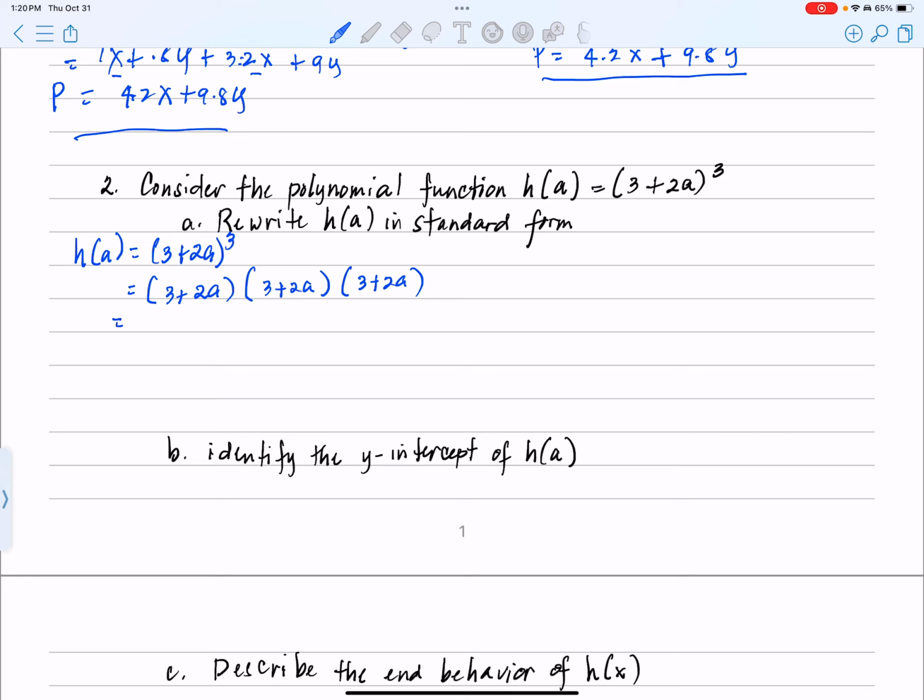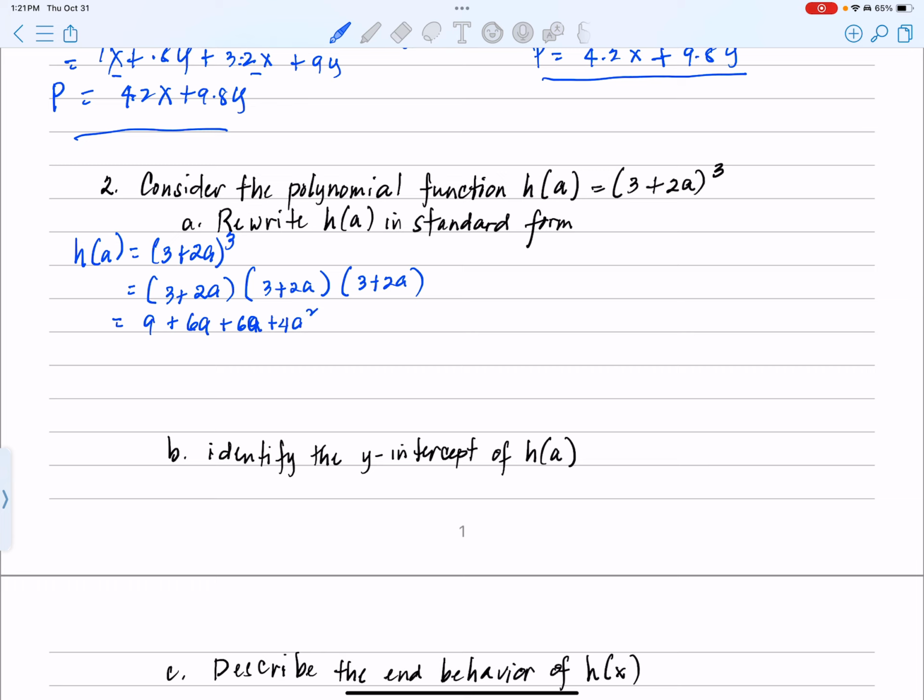So you have 3 times 3, that's 9. 3 times 2A, that's 6A. Then 2A times 3, that is 6A. 2A times 2A, that is 4A squared.